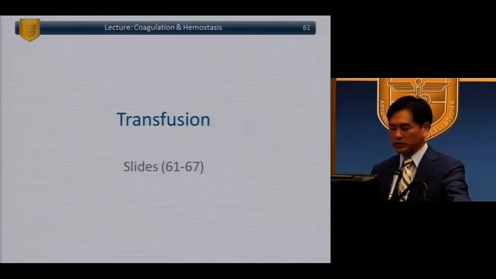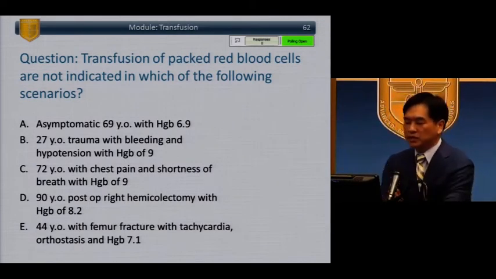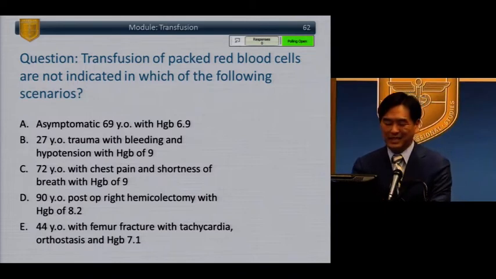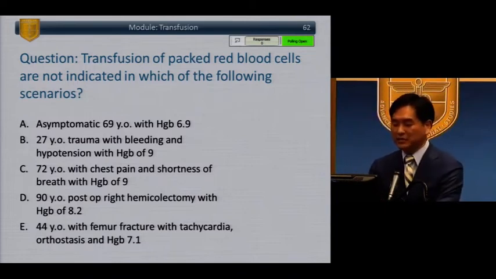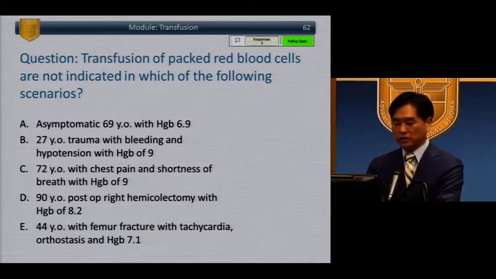All right, let's talk about transfusing people. Transfusion of packed red blood cells is not indicated in which of the following scenarios? A, the asymptomatic 69-year-old with a hemoglobin of 6.9. B, the 27-year-old trauma with bleeding and hypotension and so on.